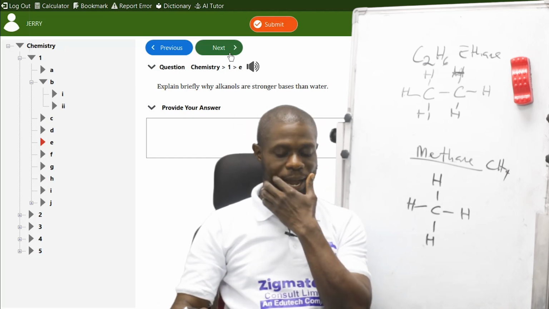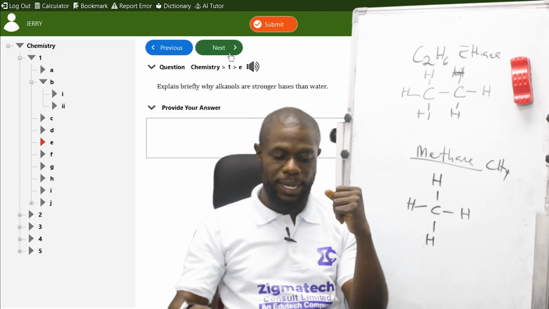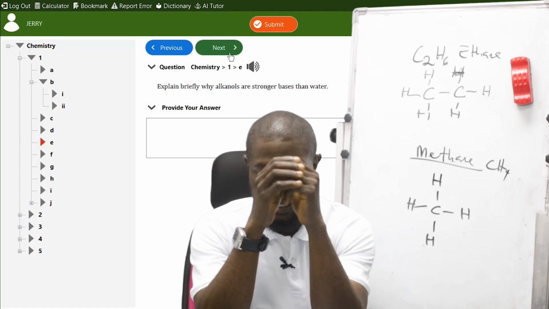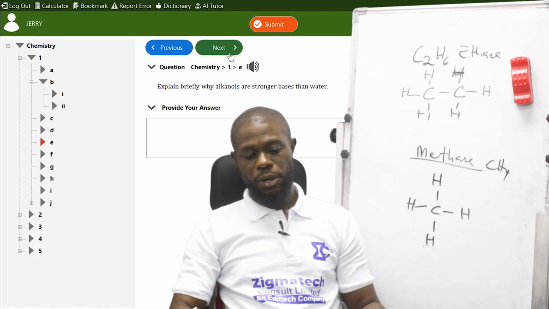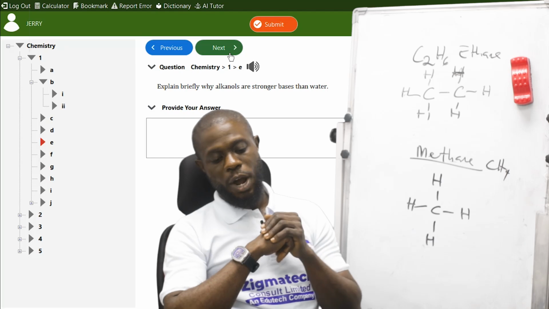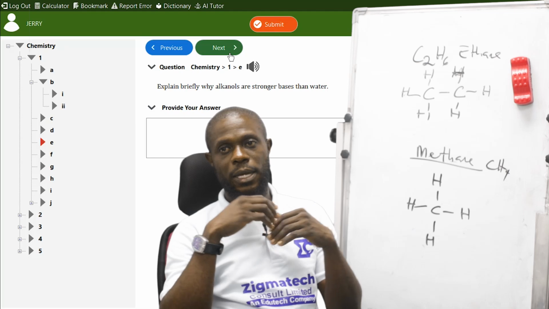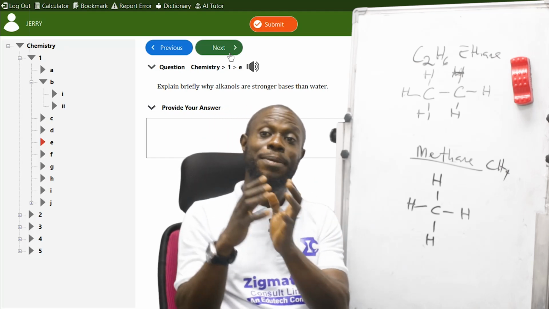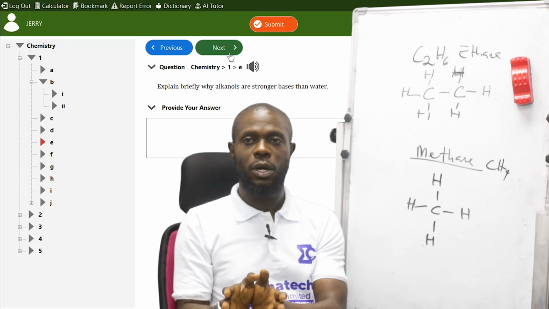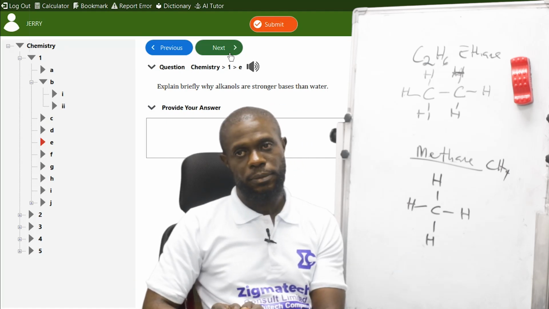Now, Professor Laurie is telling us that the stronger the base, the weaker the acid. So that means if the base in a solution is becoming stronger, the acid becomes weaker.